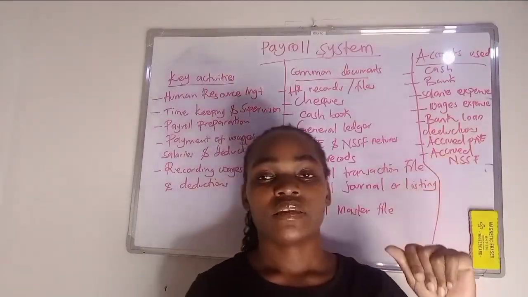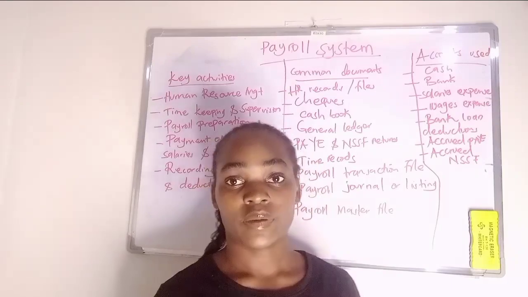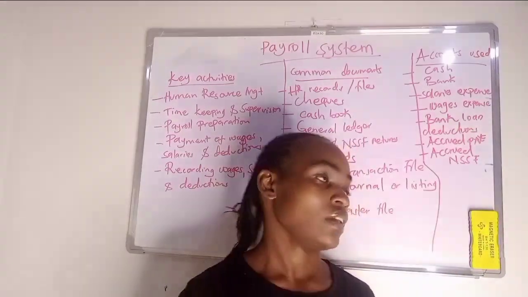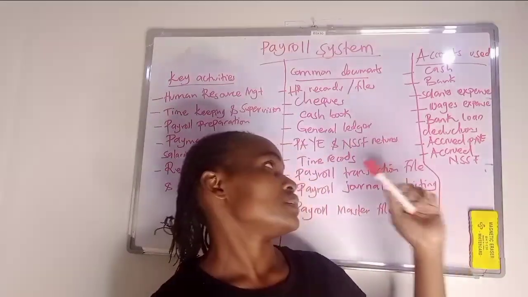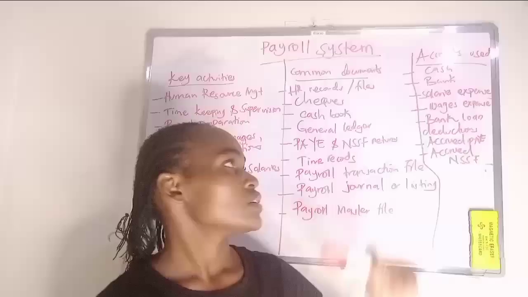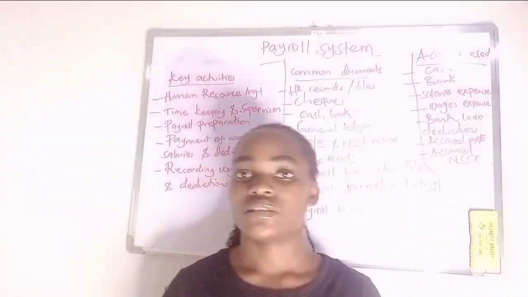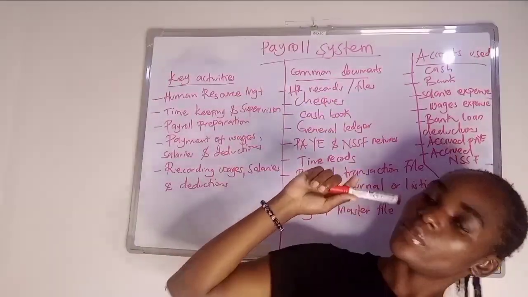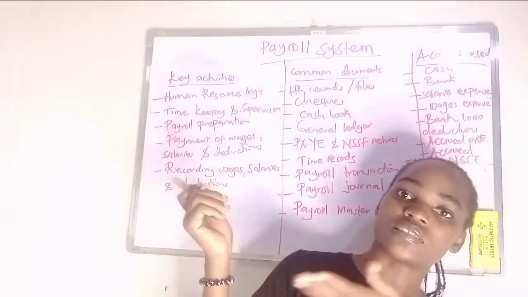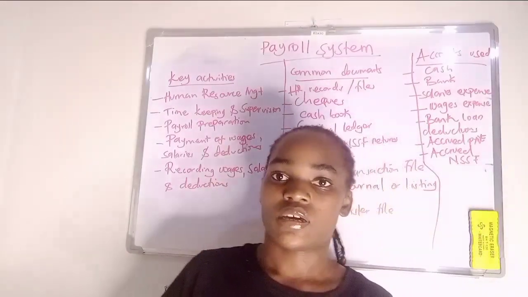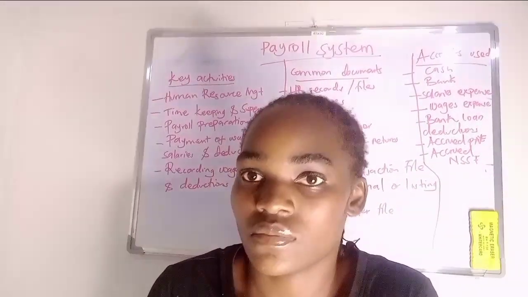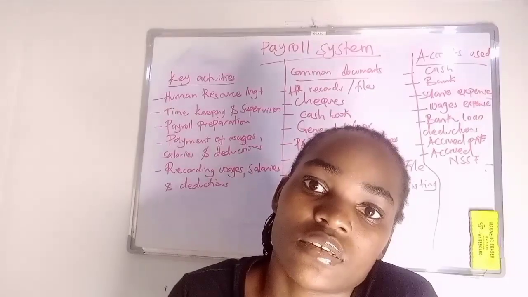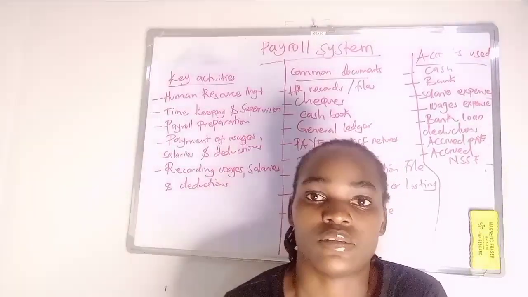Then accrued PAYE, because they are supposed to pay. Then accrued NSSF, stuff like that. So these are some of the accounts that are used in the payroll system, the common documents, then the common activities. Then we are going to the assertions, objectives, key controls, and test of controls in the payroll system.